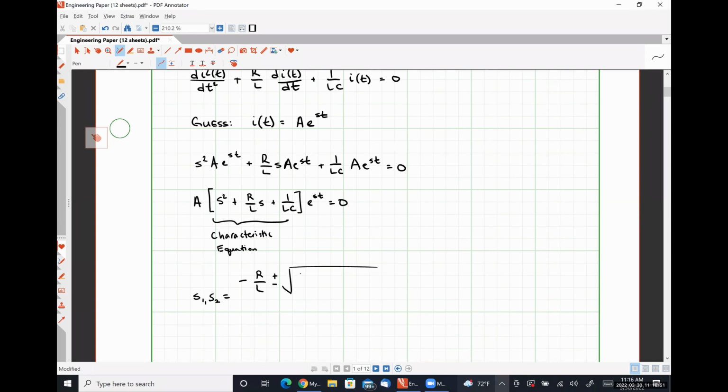b squared minus 4a, which is the coefficient of the s squared term, which is just 1, times c, which is the coefficient of the constant term, so that's just 1 over LC, all divided by 2a.